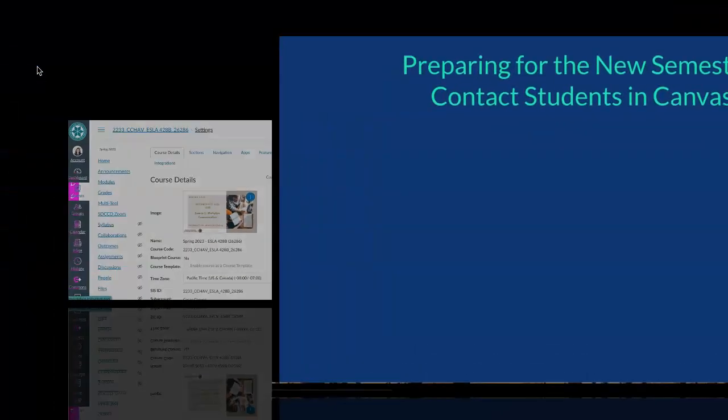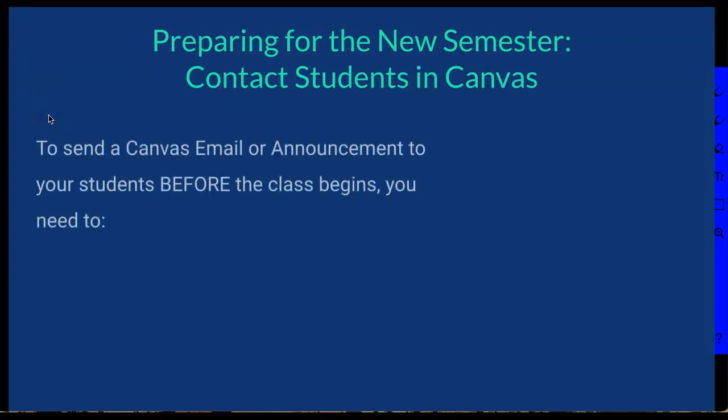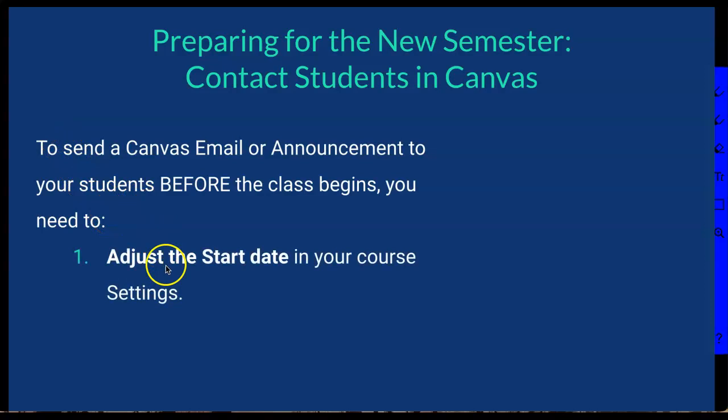Next, I'll talk about how you can contact students in Canvas before the semester begins. You are able to send an email or announcement to your students before the semester begins by completing two steps. One, you'll need to adjust the start date of the course in your course settings, and then you'll need to make sure that you publish your course.